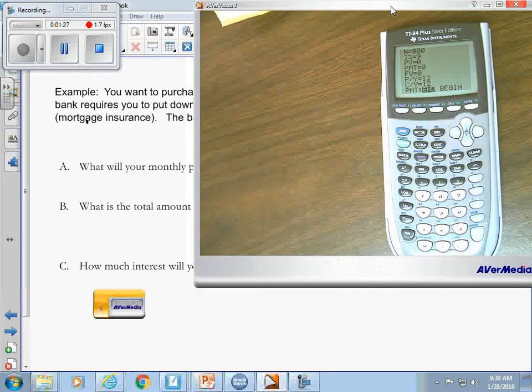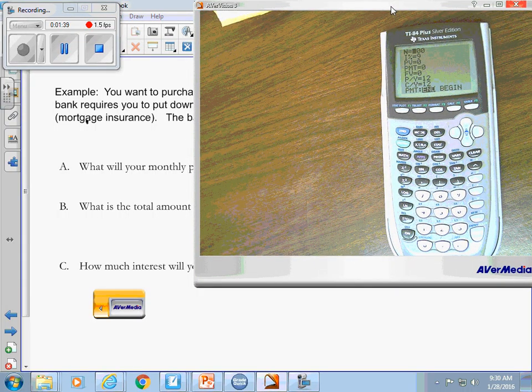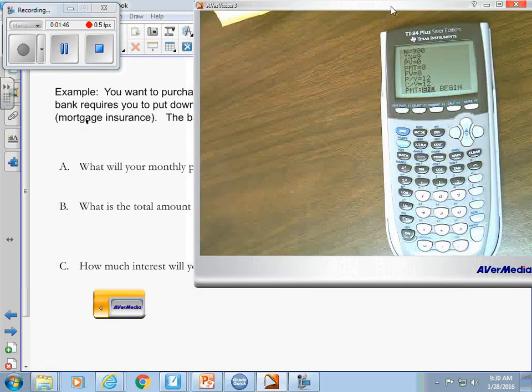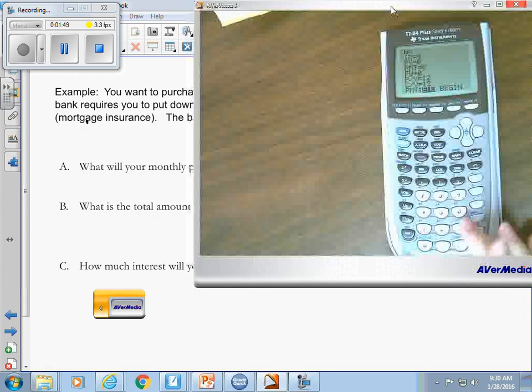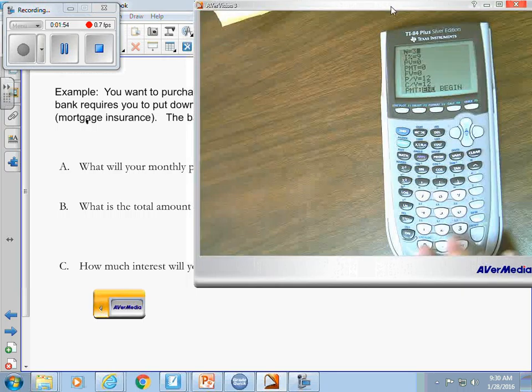All right, so I want to do the home purchase. Remember, it was a $200,000 loan. That's what we're doing. N is the number of payment periods, just like it is in the formula. So how many payment periods, if I'm doing a 30-year loan, what am I typing for N? 360, or you can even type 30 times 12.